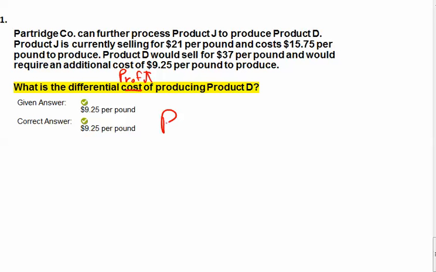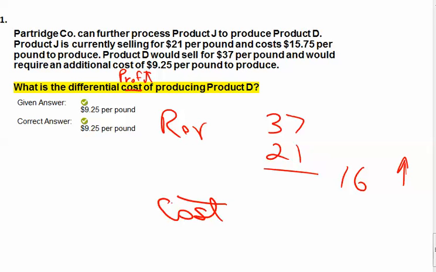So my revenue, as we saw a moment ago, 37, and 21, which was 16. So I have differential revenue increasing of $16. I have differential costs. Okay, my cost was on the original product $15.75.